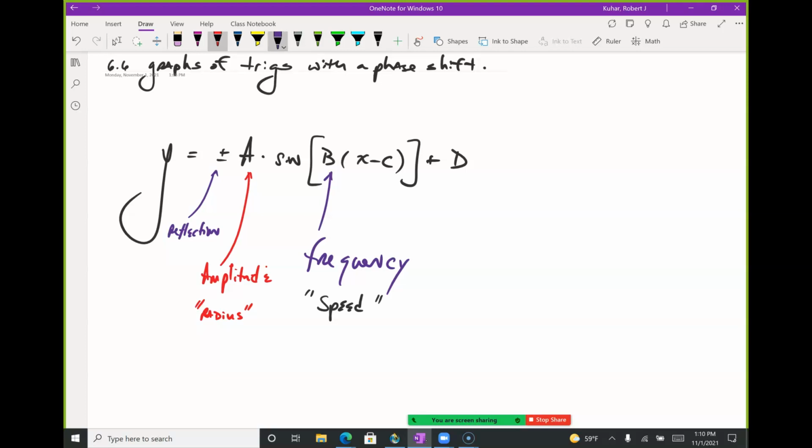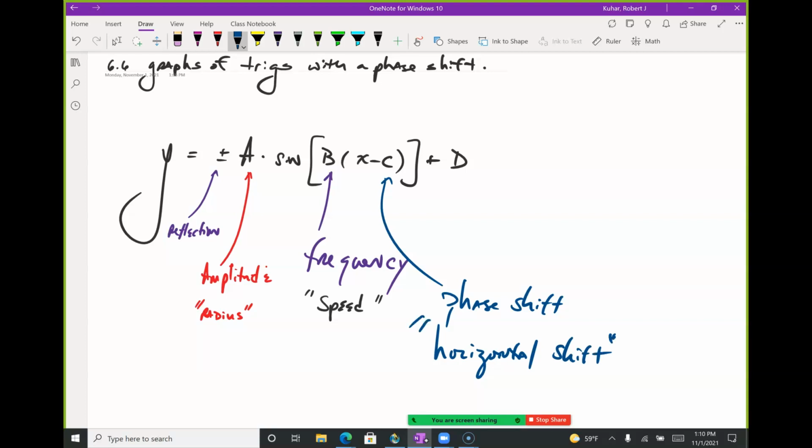C is called the phase shift, which of course we know because it's inside and affecting the x-axis. This is our horizontal shift. I also like to call it the starting point. And then D is called the midline, or our vertical shift.